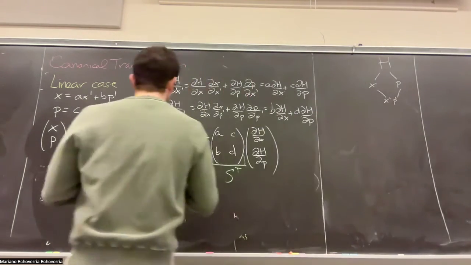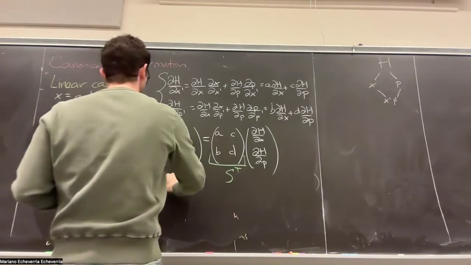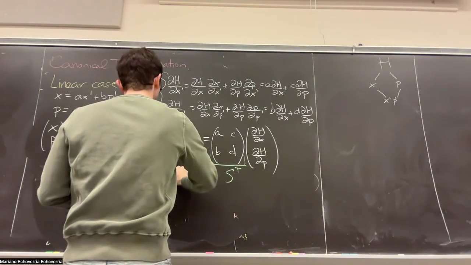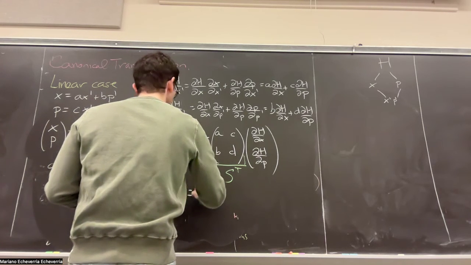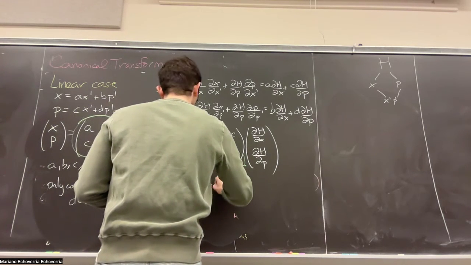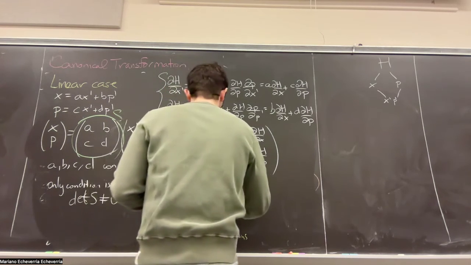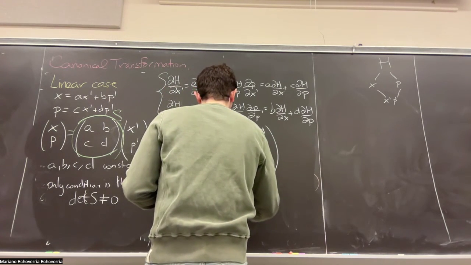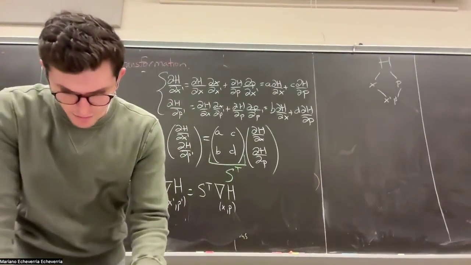So to write this in a more succinct notation, the gradient of H with respect to the variables x prime, p prime is S transpose times the gradient of H with respect to the variables x, p. I just like to summarize that in that way.